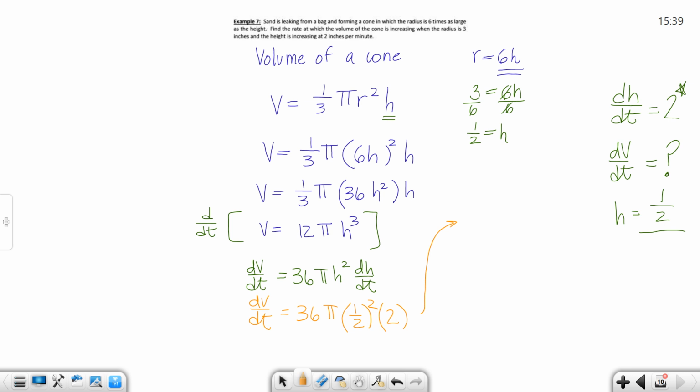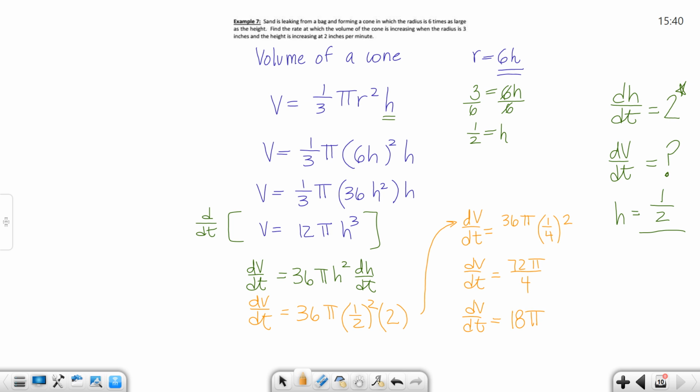Okay, I ran out of room, so I'll raise it up. dV/dt would equal 36 times pi times 1/4 with a 2 on the top. So that would equal 72 pi, 2 times 36 divided by 4. So that would go 1 time, 18 pi.